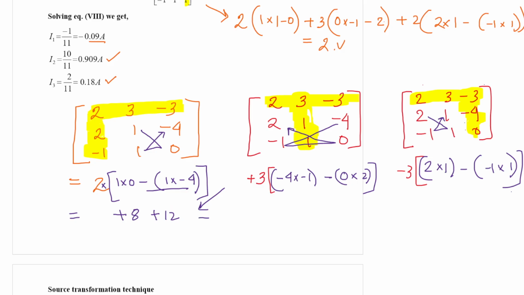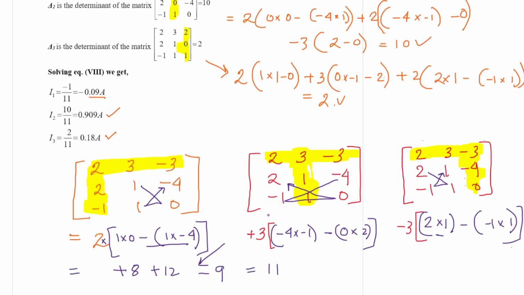And the last term is 2 plus 1, 3, so it will be minus 9. So it will be coming out to be 11. In this way, the determinant of the matrix is calculated.